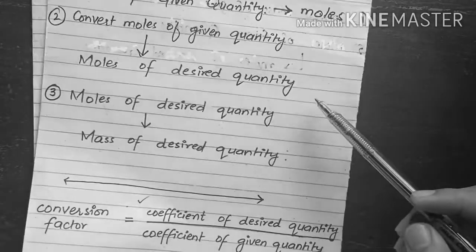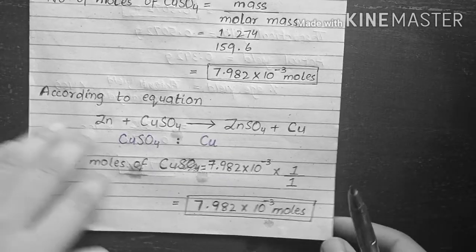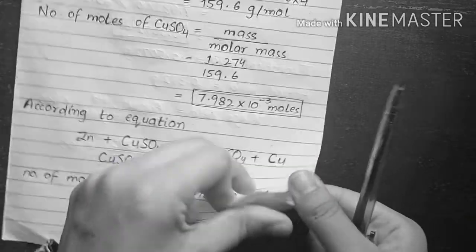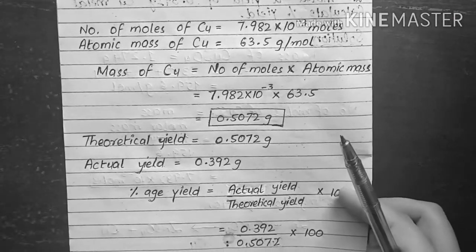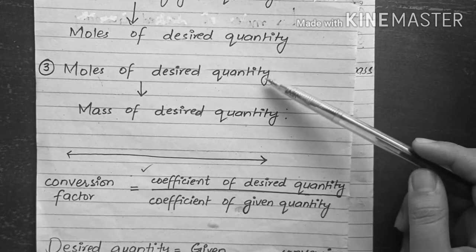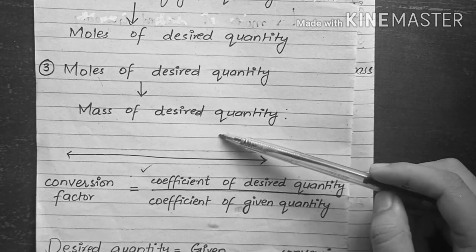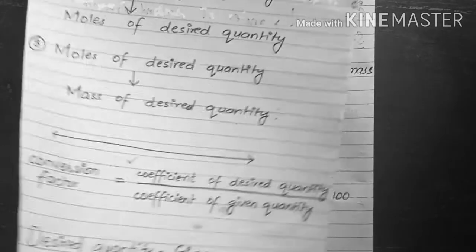Now we are going to move on to our third step, which is the conversion of moles of the desired quantity into the mass of the desired quantity. So how are we going to convert the moles of copper into the mass of copper?